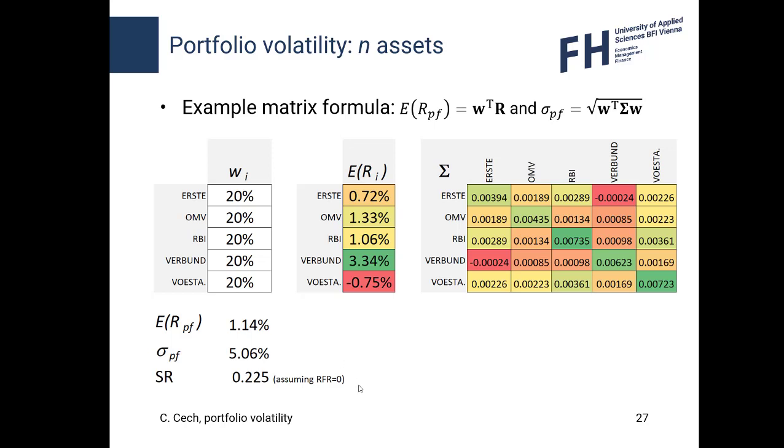I also calculated the Sharpe ratio. You recall the risk-adjusted performance measure. If we assume that the risk-free rate is equal to 0, then the Sharpe ratio is simply the expected return divided by the portfolio volatility.